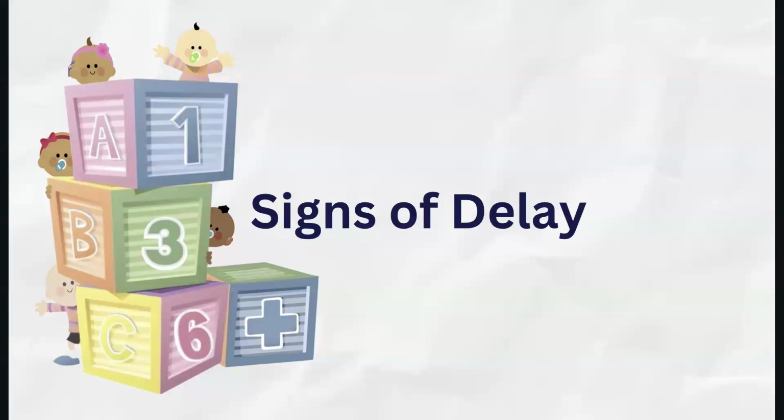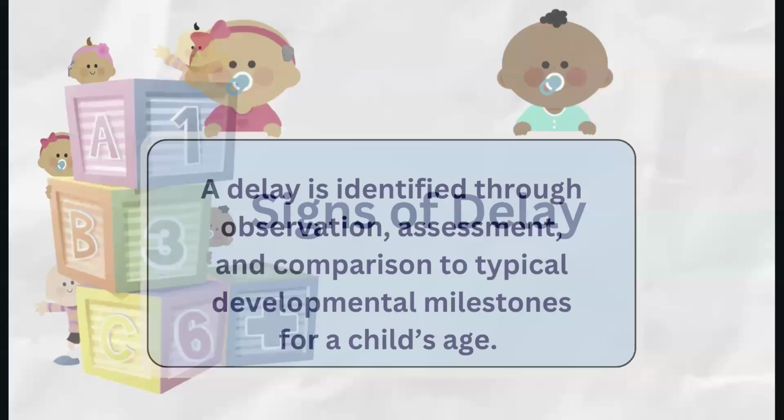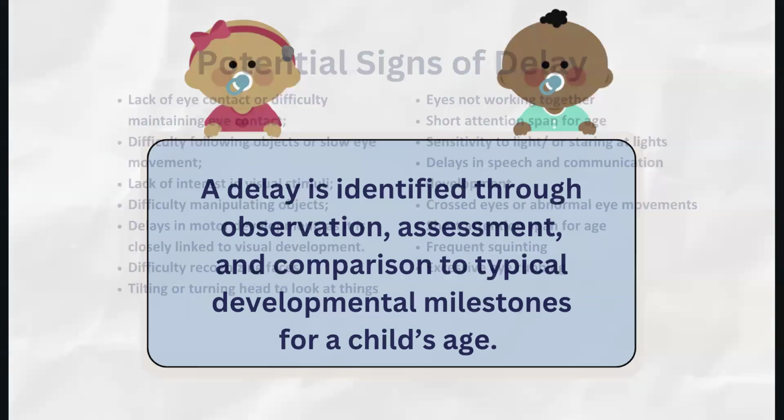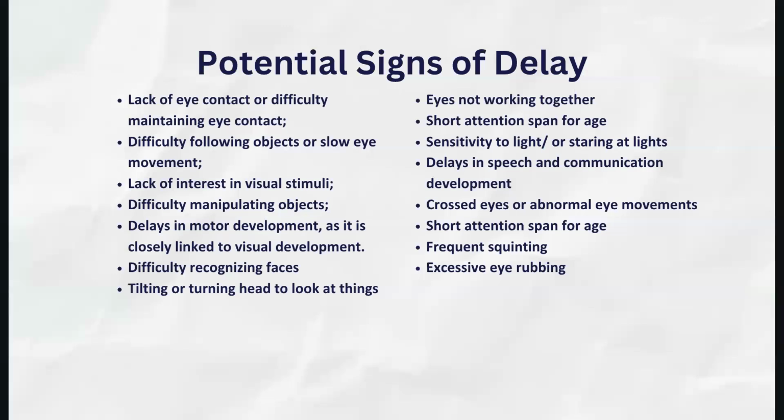Signs of delay. A delay is identified by a professional through observation, assessment, and comparison to typical developmental milestones for a child's age. Signs of visual delay in young children vary depending on the specific underlying cause and the child's individual development.